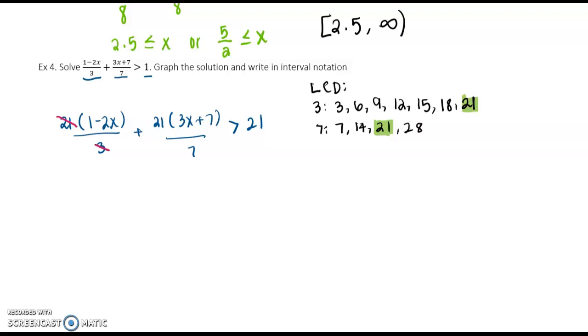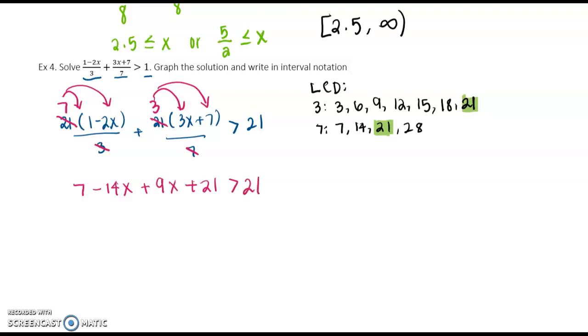So 21 divided by 3 is 7. 21 divided by 7 is 3. We're going to go ahead and distribute that, 3 and 7. So we're going to get 7 minus 14x plus 9x plus 21 is greater than 21.